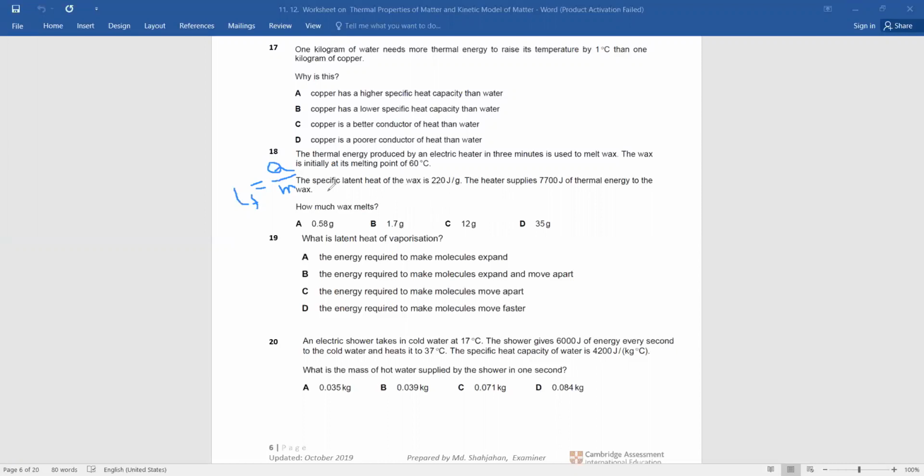Then here we are asked to find mass, right? So we will rearrange the formula. We will write here m equals Q by Lf.